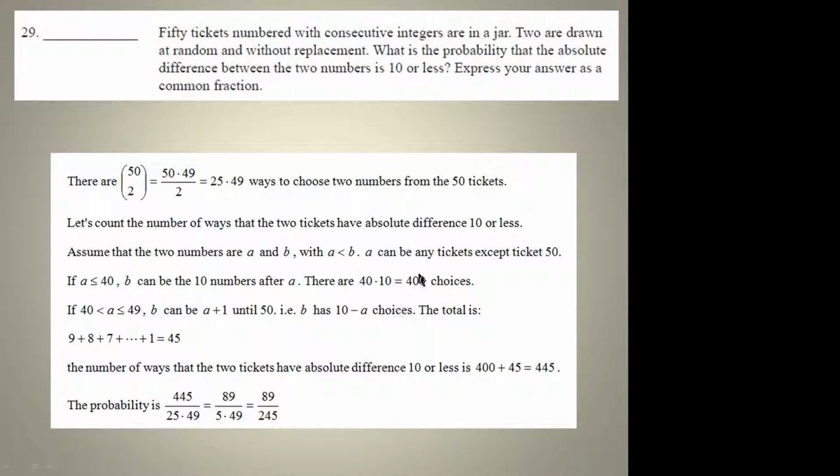And divided by the total number of choices, 25 times 49. Okay, it cancels a factor of 5. You get 89, then the bottom is 5 times 49. Okay, 49, 7 times 7, you see there's no factor 7 in the numerator. So this is already simplified. So you multiply this bottom out. You got 245 in the denominator. The answer is 89 over 245.